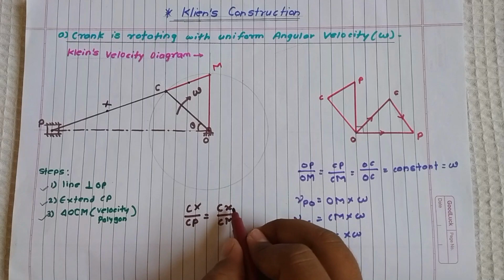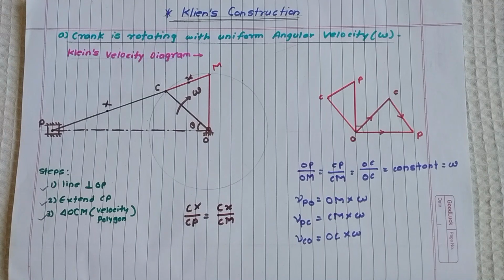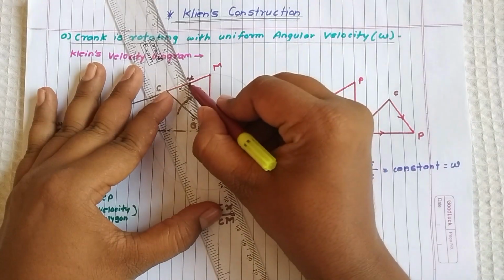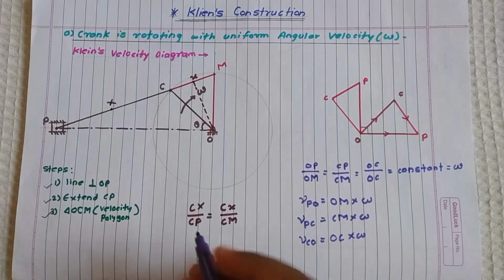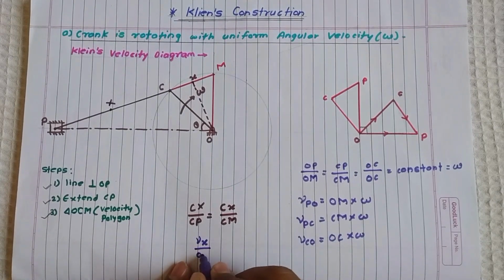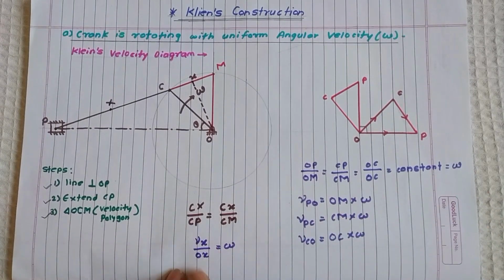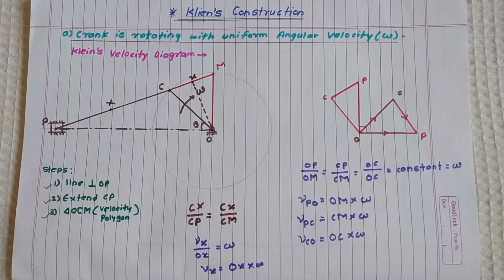By using this we find distance CX, as it is at the midpoint, so small x will be here and we join OX with a dotted line. Therefore its velocity, velocity of X upon OX, this distance will be equal to omega. Like this we have compared it with omega. So velocity of X will be OX into omega. So this is how the velocity diagram is drawn and calculations are made by using Kleene's construction method.